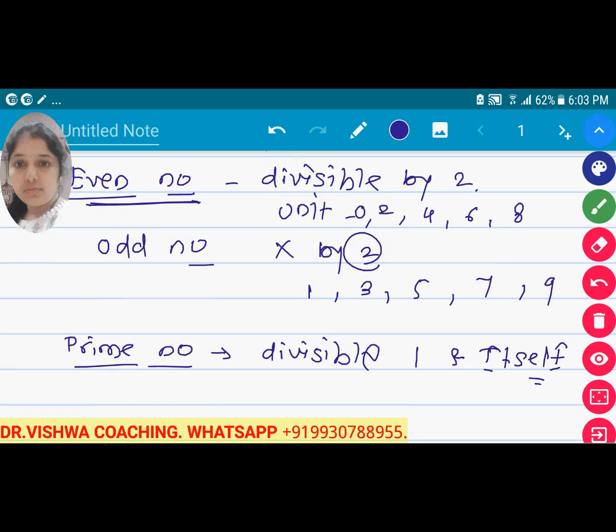Successive prime number means if 2, 3, 5, 7, 11, 13 are the prime numbers, 2 and 3 are successive prime numbers, 5 and 7 are successive prime numbers, means the next prime number to that are known as successive prime numbers. So these are the basic things, even before we start the comprehension topic. I think you all understood.